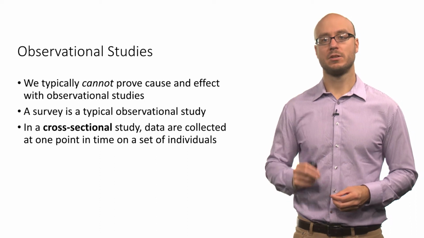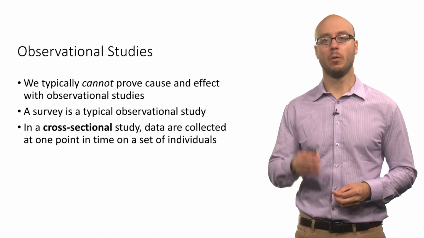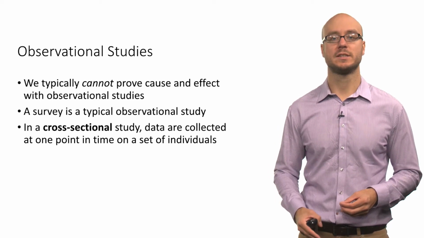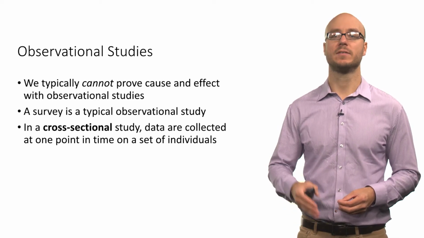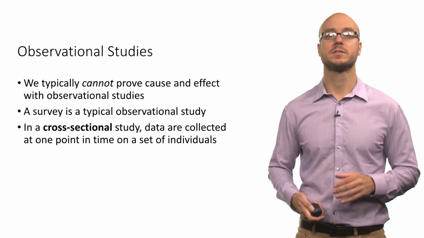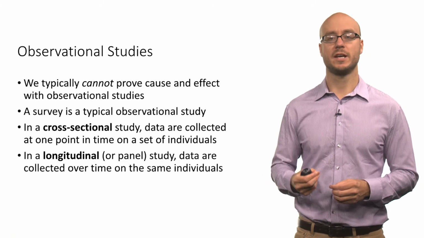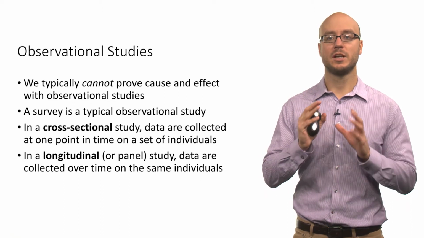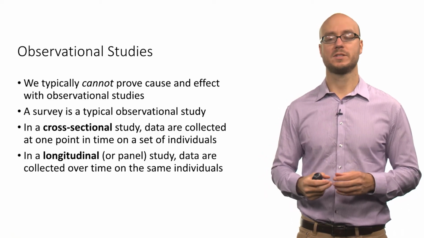In a cross-sectional observational study, data are collected at one point in time on a set of individuals. So if you just collect data in 1955, that is a cross-sectional study. A longitudinal study, also known as a panel study, is an observational study in which data are collected over time on the same individuals.